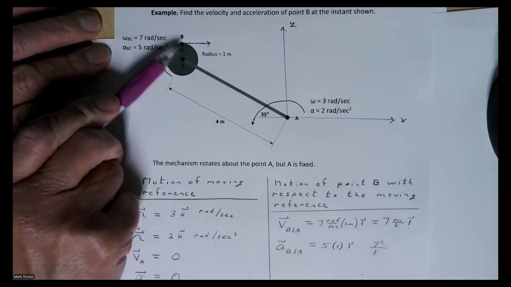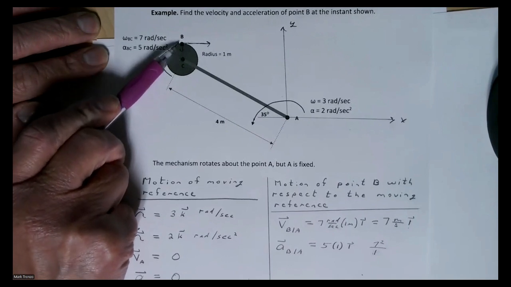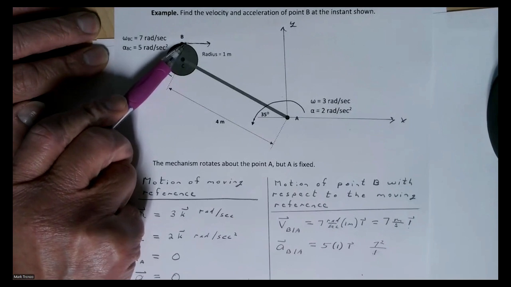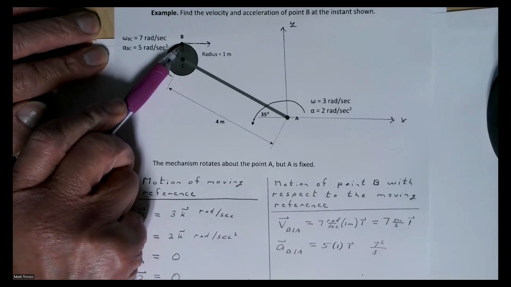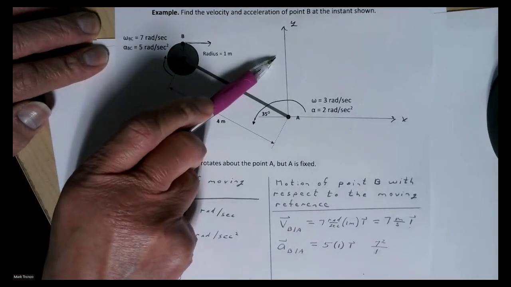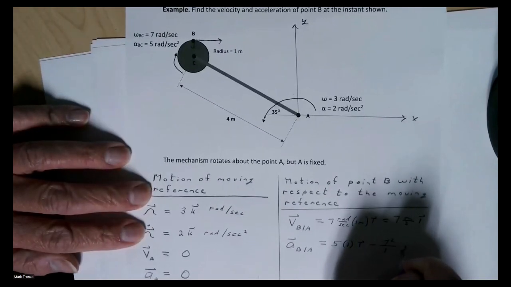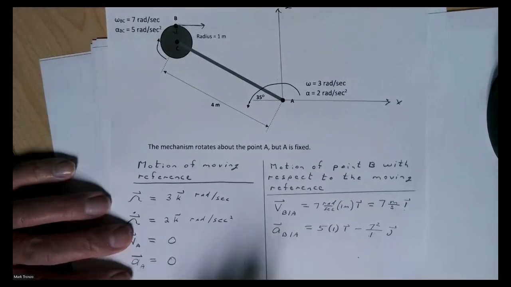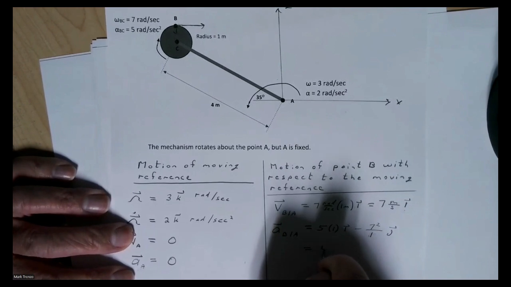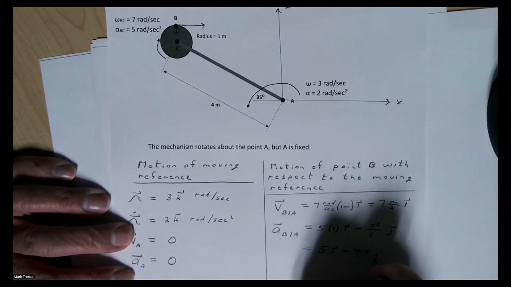And now notice that that acceleration is going to be towards the center here. It's going to be directly perpendicular to this velocity here. It's going to be towards the center. And so that's going to be in the negative y direction. So that's going to be negative 7 squared over 1. And that's going to be 5i minus 49j, like that.